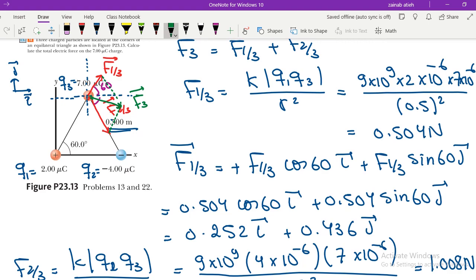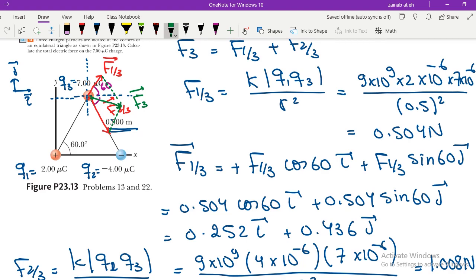As you notice, F3 is below the x-axis at an angle of 30. That is why I got the angle minus 30. It is minus 30 because it is under the x-axis and not above it.